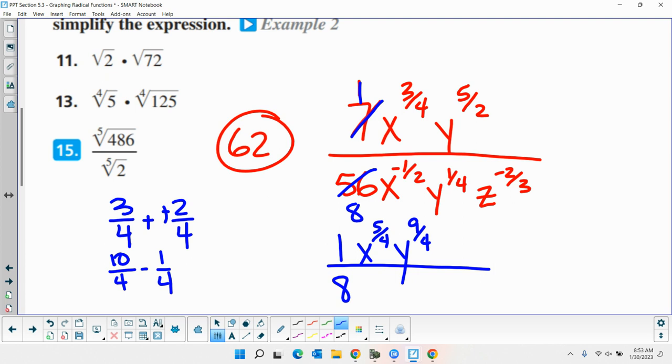And then I got a negative, no z's up top, but this is a negative 2/3 for my exponent on the z. So where should I move the z? To the top, so that it becomes a positive, because we're not allowed to finish or simplify and have negative exponents. So there's our answer.